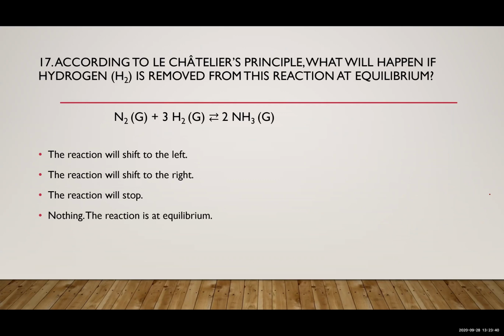Let's take another example. What will happen if hydrogen is removed from this reaction? A, B, C, or D? A is correct, yes. Shift to the left. It means the quantity of ammonia, will it go up or down at the new equilibrium?